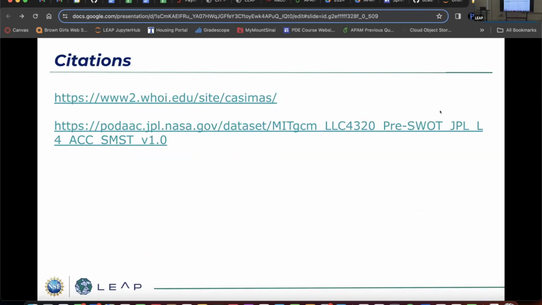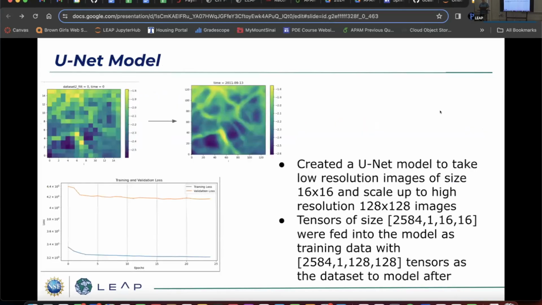Okay. Questions? I have a question. Can you go back to the U-Net slide? I'm really curious: you're making this a high resolution image, and I'm wondering, during model training, are you doing some kind of normalization for the input images, or are you just keeping the raw pixel values as they are?